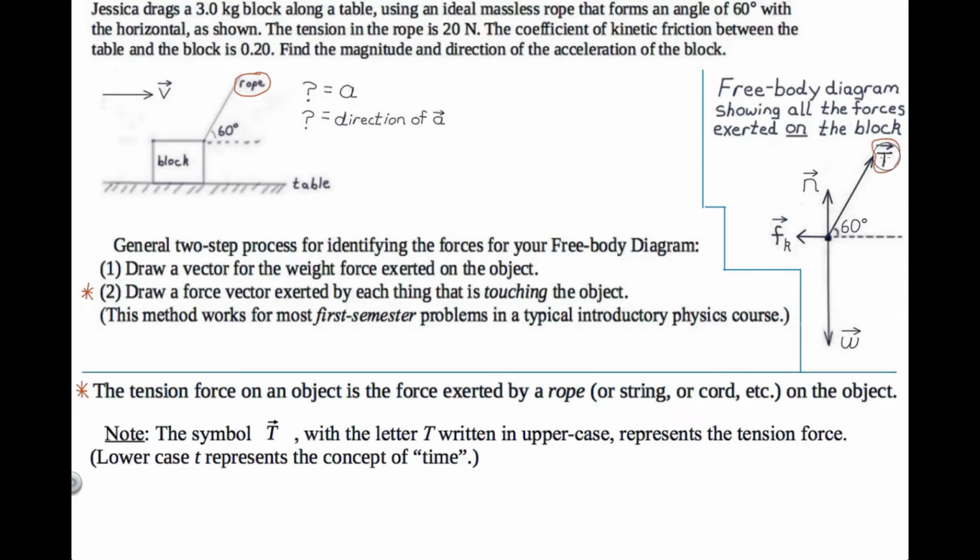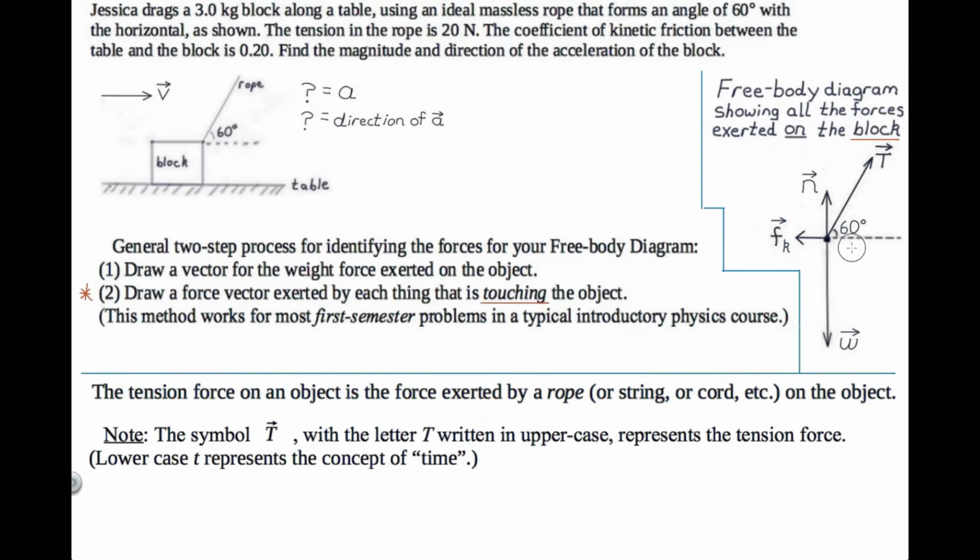We can represent the tension force with the symbol uppercase T. Are there any other forces on the block? Well, ask yourself, is there anything else that is touching the block besides the table and the rope? No. There is nothing else that is touching the block. So, there are no other forces being exerted on the block.